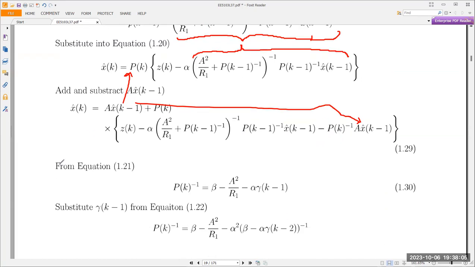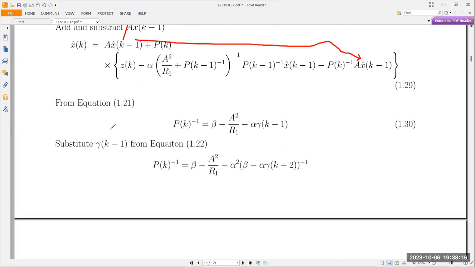Then go and look from equation 21, you can write like that. Then you go and look at equation 21, I guarantee you will just rewrite this form. Then go and substitute this from 22 into here. So this one becomes like that.